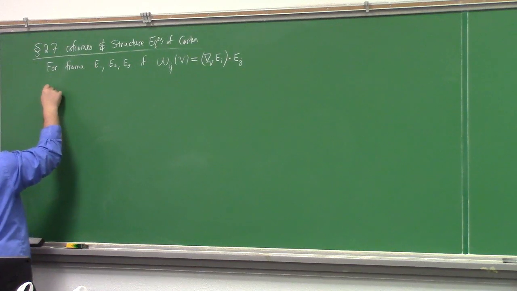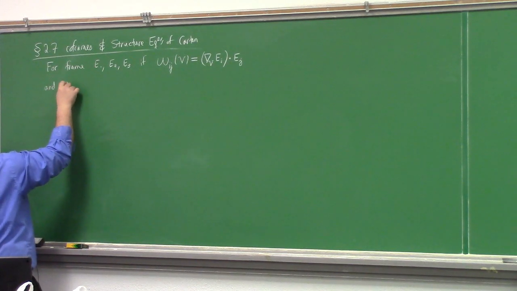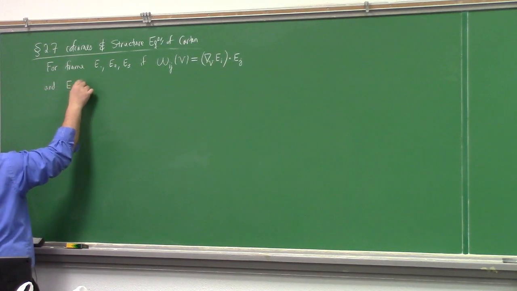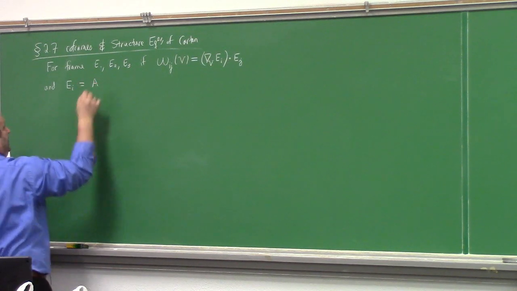And we can write ei as equal to a, how's it go?